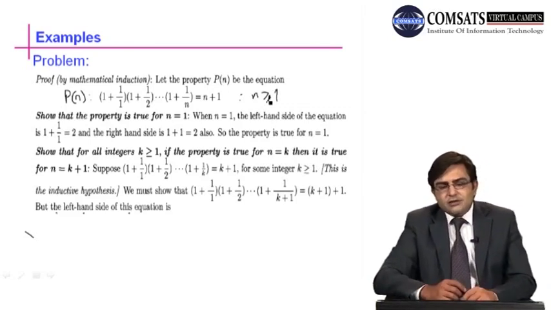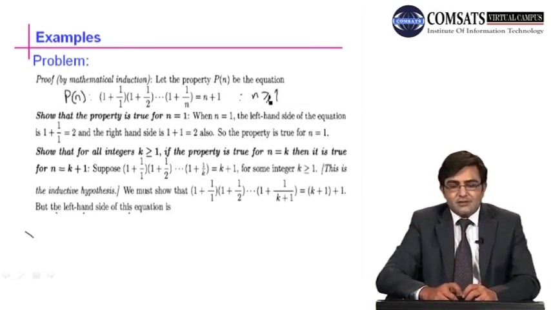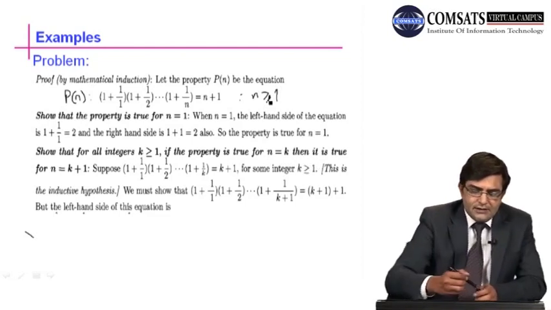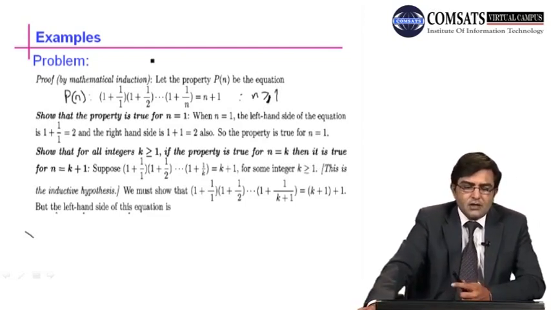So we shall prove first that P(1) is true when n is 1. We can easily see that when n is 1, on the left hand side we get only the first term here.